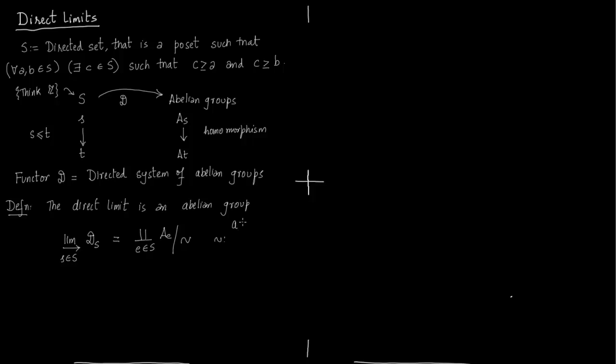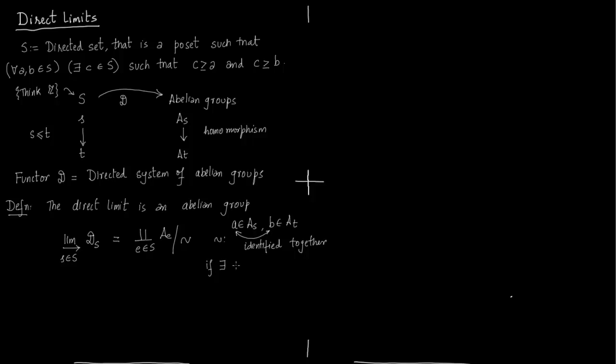It essentially means that you take two elements, say a is in the abelian group A_S and b is in the abelian group A_T. These a and b are equivalent, or identified together in the direct limit, if they are the same in some group A_U, and the subscript U is important. U is greater or equal to S and U is greater or equal to T.